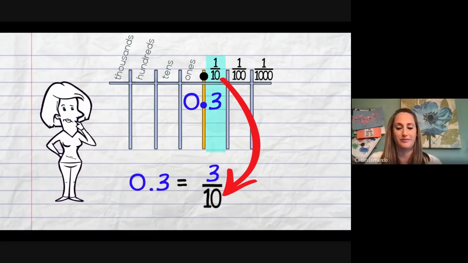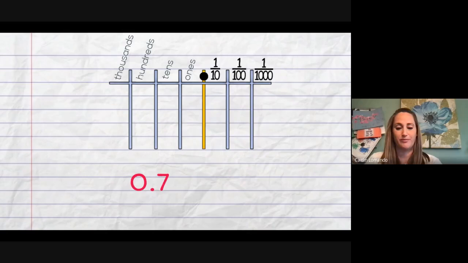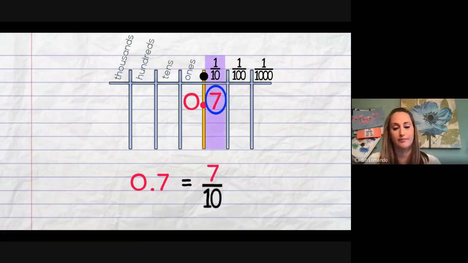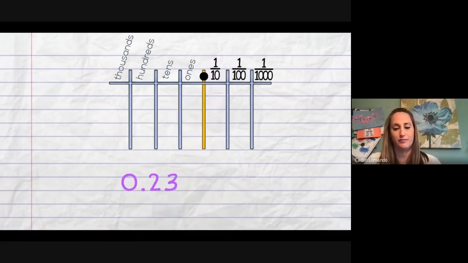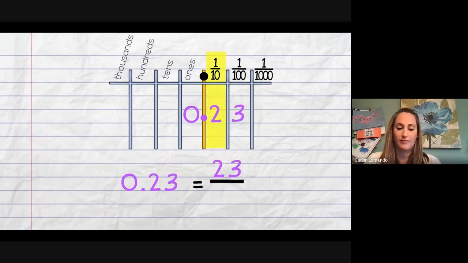Let's do some examples. Okay, the numerator is 7. There's only one figure after the decimal point. It's in the tenths column. 0.7 is 7 tenths. 0.23. This is 23 over something. Now we get the denominator. First column is tenths.